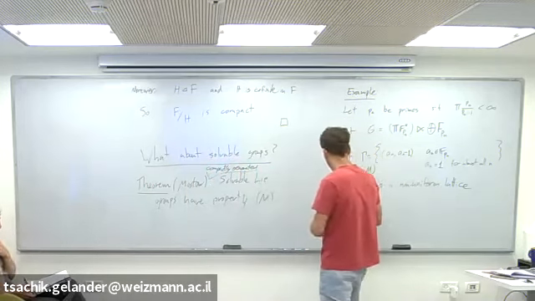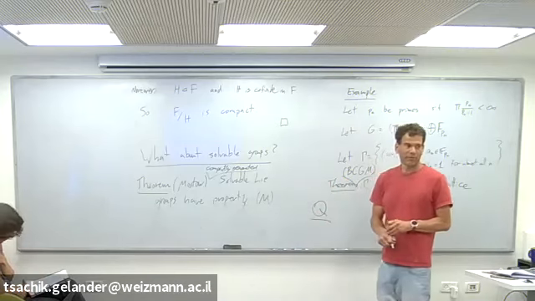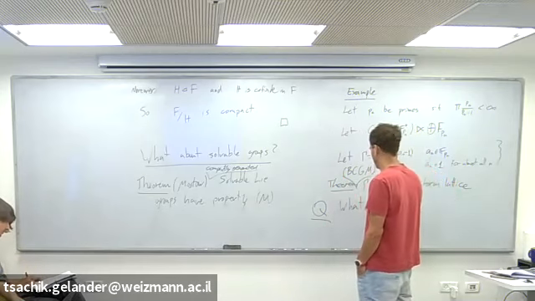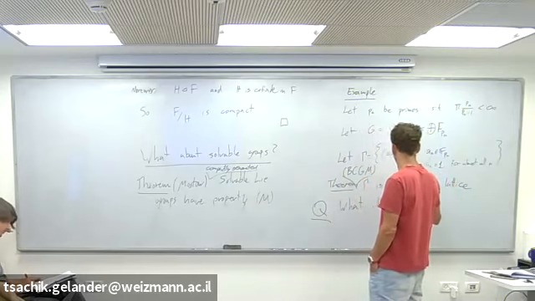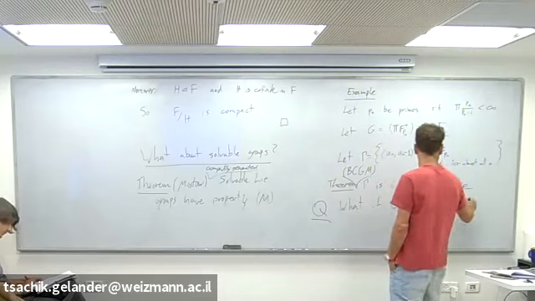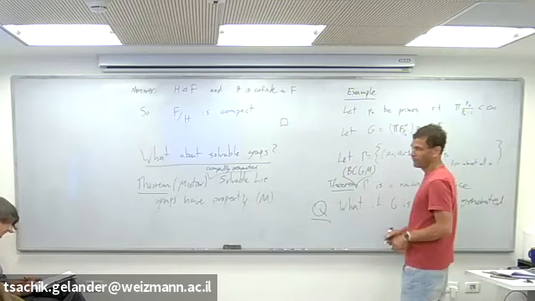But here is the question. This is the question that I'm leaving for you. What if G is compactly generated? I think it's a very interesting question.